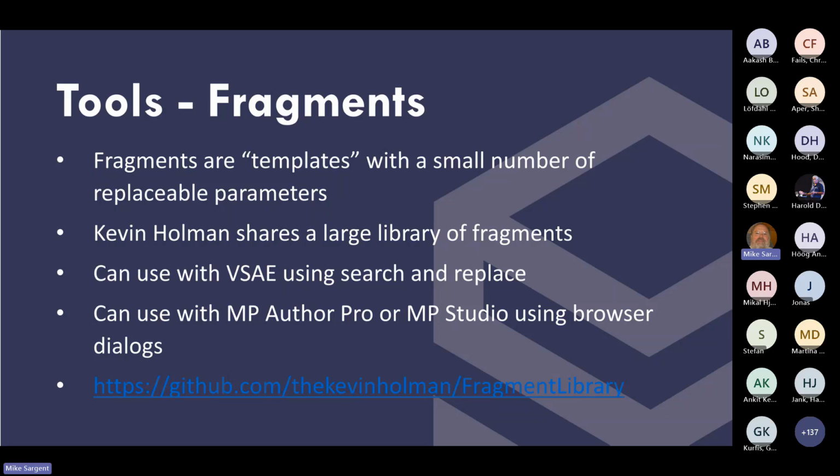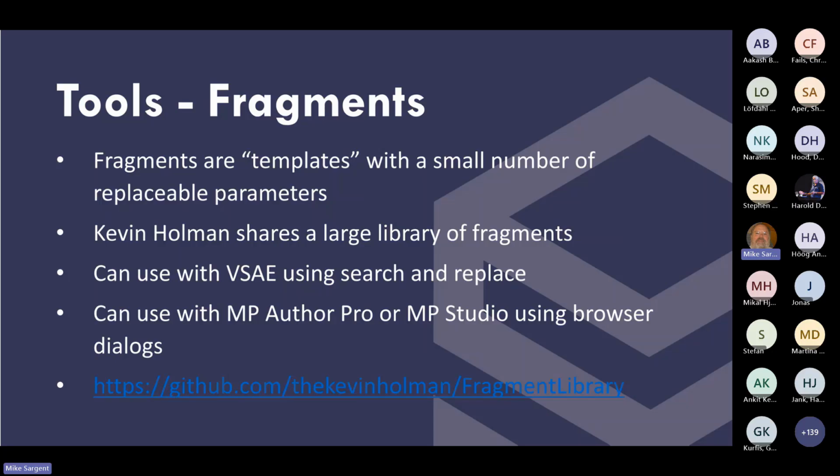You can also use it with MP Author Professional or MP Studio, and one of the advantages there is that we keep the fragments in the database, in fact, in the MP Studio database, or the Silect Store database, where it's easier to search for them. And when we're importing fragments or editing with fragments, we have browser dialogs.